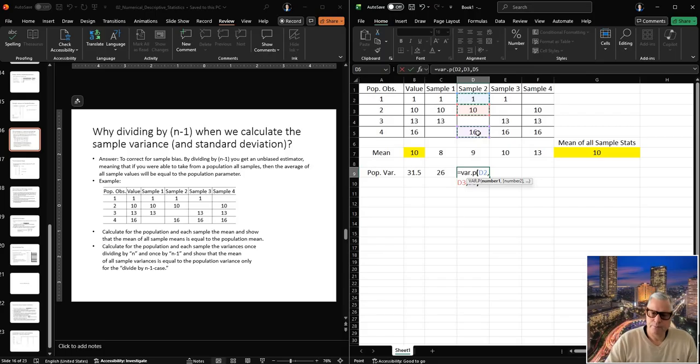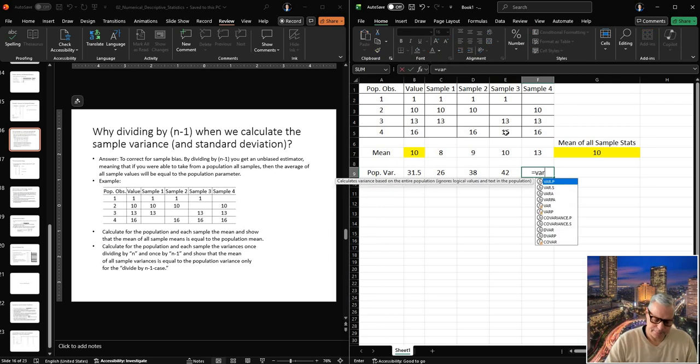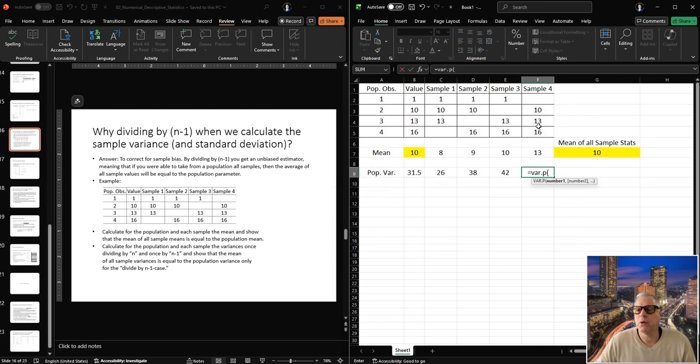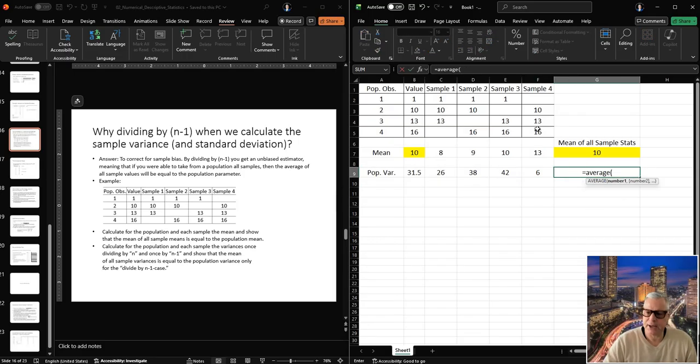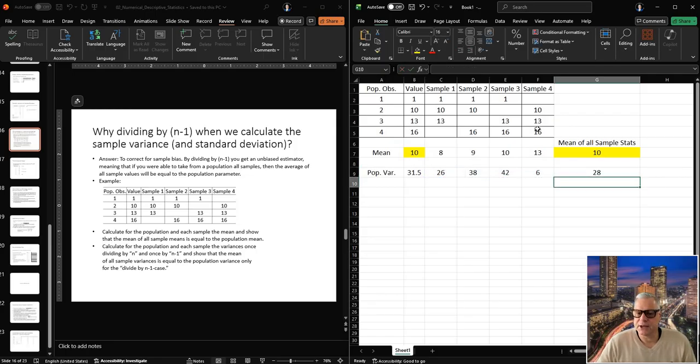Sample 2, 38. Sample 3, 42. And sample 4, 6. Now, is the average of all sample statistics from all possible samples equal to the population parameter? Let's check. We take the average of those 4 sample statistics, and we see they're obviously not the same.